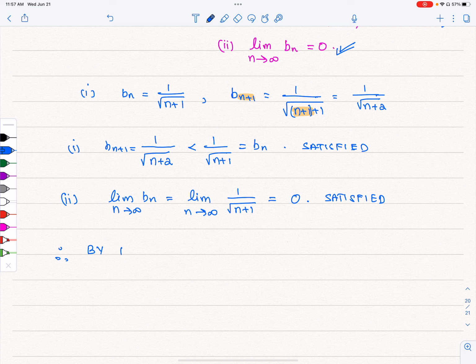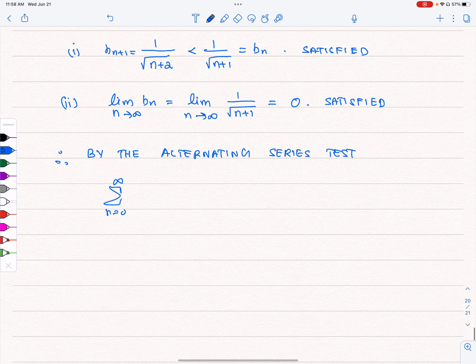Therefore, by the alternating series test, the series from n going from 0 to infinity of (-1)^n over the square root of n plus 1 is convergent, but it is not absolutely convergent.